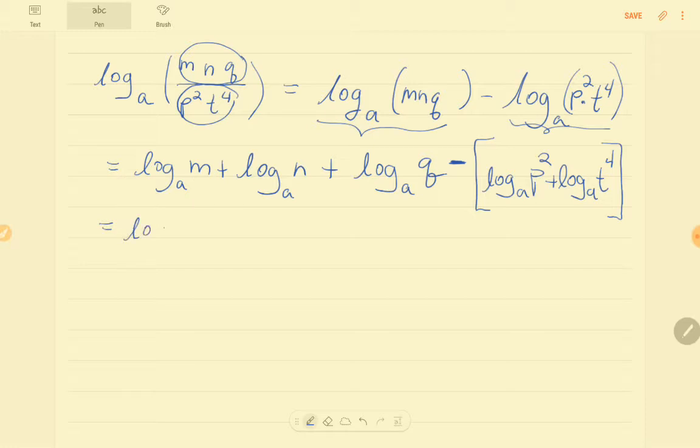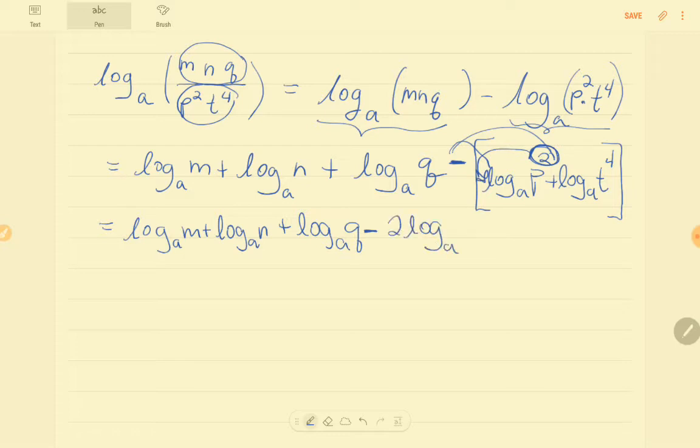And I can distribute that negative. I'm just rewriting everything. I'm going to distribute the negative, but I'm also going to move this exponent in front of this log so that it's 2 times the log base a of p, and then the negative also gets distributed to this part.